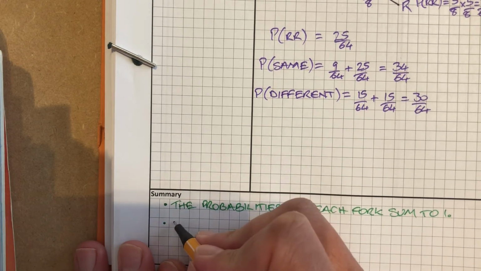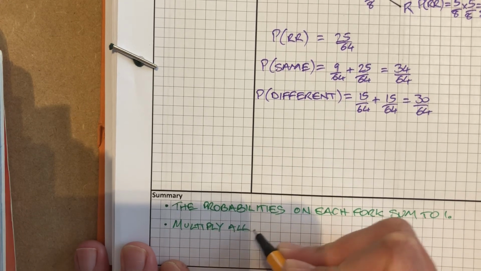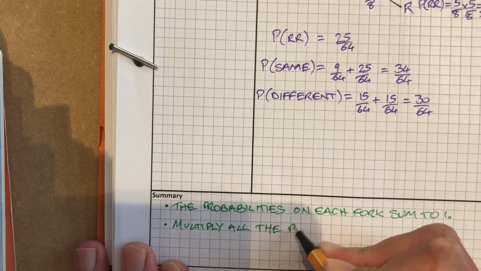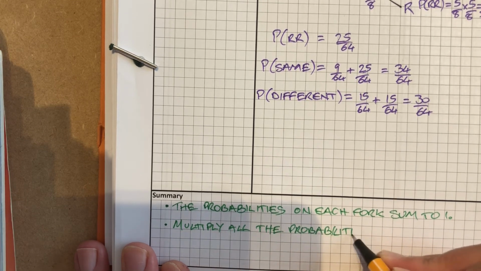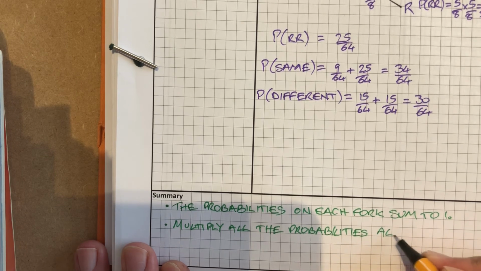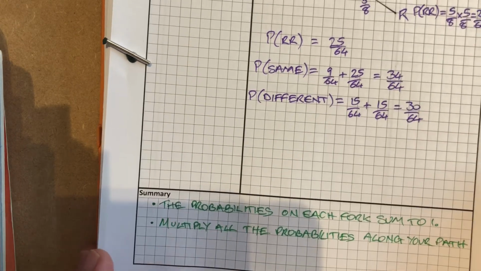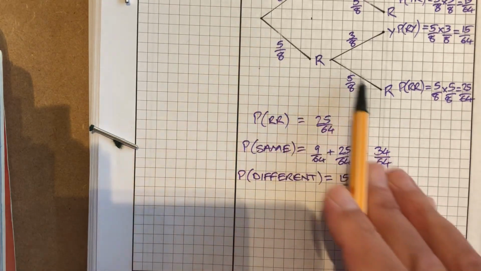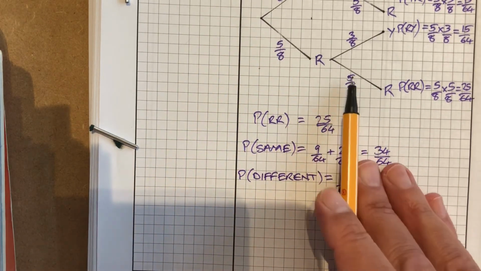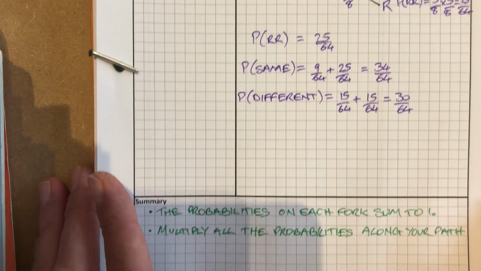Secondly, multiply all the probabilities along your path. So in ending up here, I cross 2 probabilities, 5/8 and 5/8, and I times those together to get the probability of ending up at that end point.